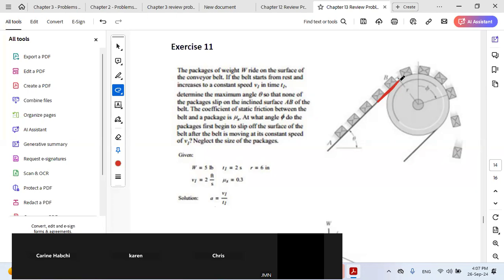Mu s N. So whenever they ask you to find the extreme condition to avoid slipping, you put the static friction F equal to mu s N, at its maximum, to get the extreme condition. Once we exceed mu s N, we become kinetic, and there is slipping between the box and the belt. They will no longer have the same linear velocity at the contact line. Okay. Thank you. Welcome.